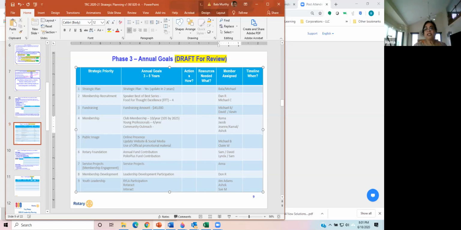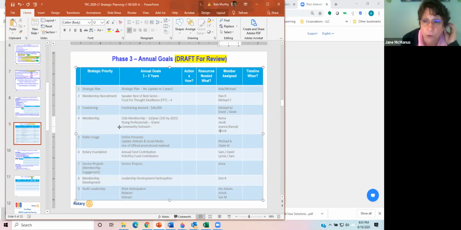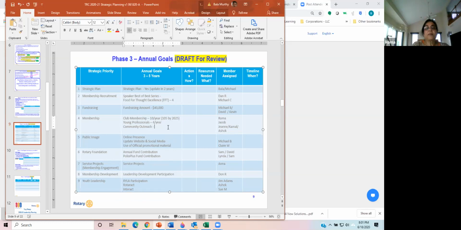I think we need to look everywhere. We also need to look at the diversity of thinking within the club, as well as the different professions. So we need to look at all different categories, but definitely all age groups. Okay. That could be part of your 10, right? Yes, absolutely. Okay. Thank you.